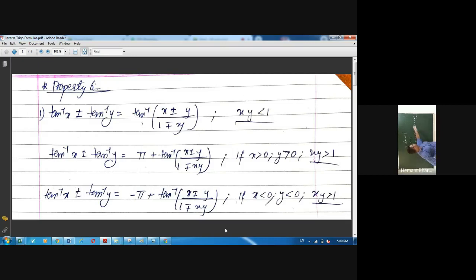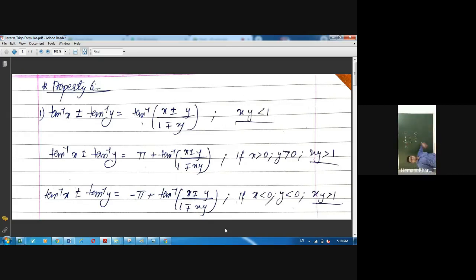Instead of x you have tan A, instead of y you have tan B, so exactly it is the same formula, which was for tan of A plus B. You can relate it and remember it.